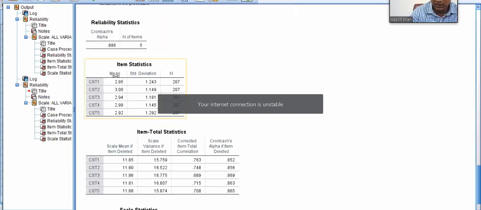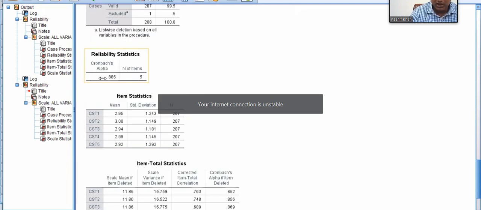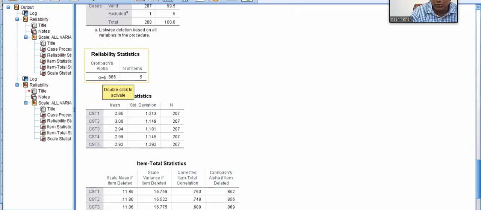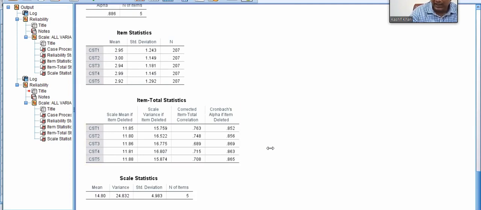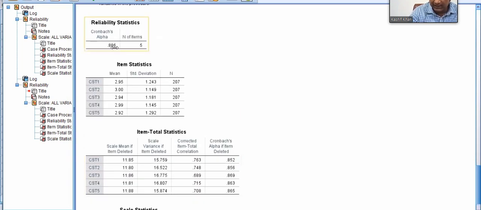Now the Cronbach value is 0.886. We know that if the Cronbach alpha value is 0.70 or 0.80, it is good enough. We don't need to do anything. So 0.886 is good enough.